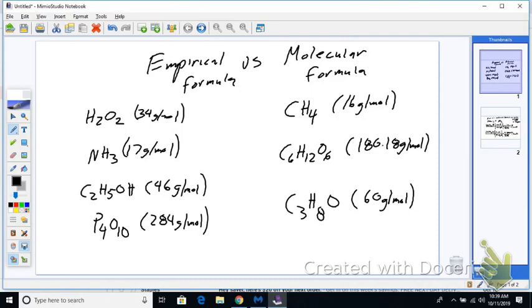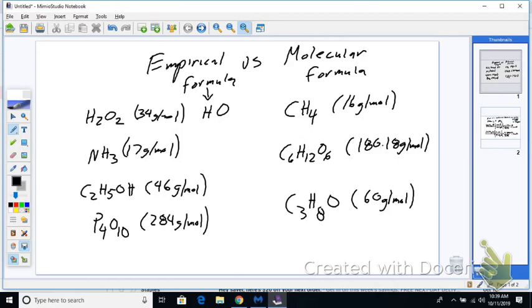So H2O2, is that the simplest ratio for that compound? Can you simplify it? What would it be simplified? HO. So we see that HO is a simpler ratio than a 2 to 2. Okay, so this is the empirical formula for hydrogen peroxide.